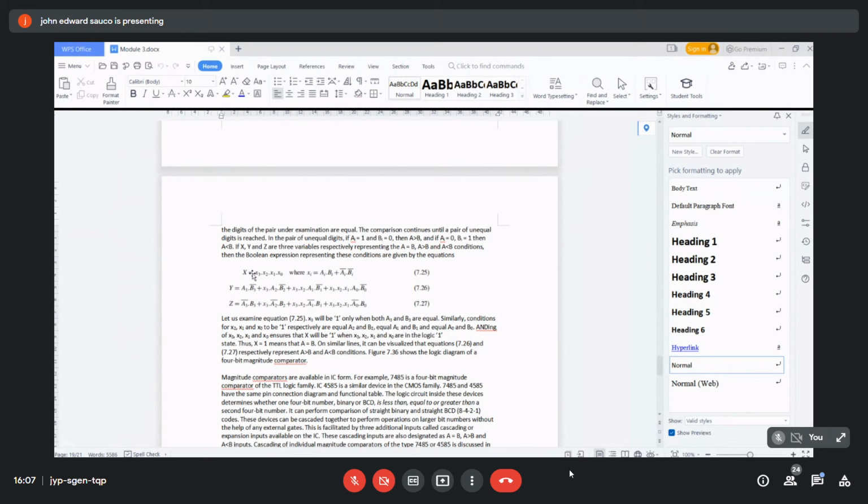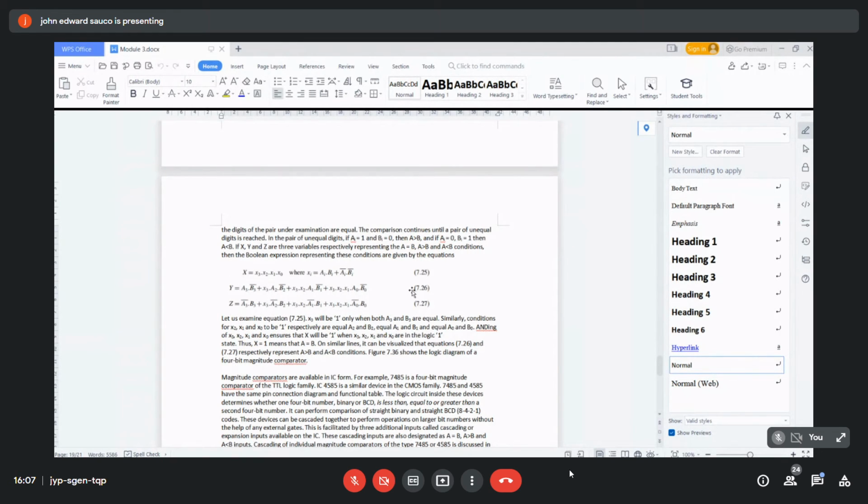Kung yung X3 is A3 and B3 or A3 not and B3 not. Okay? So, yun yung formula dito. Siya is naka-AND. Alam naman natin na yung AND is dapat all inputs are 1, so the output is 1. Magwa-1 lang siya pag 1 lahat. So, tama yan. Yan yung equal.